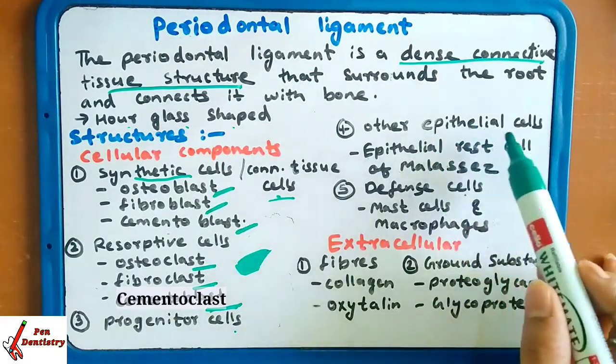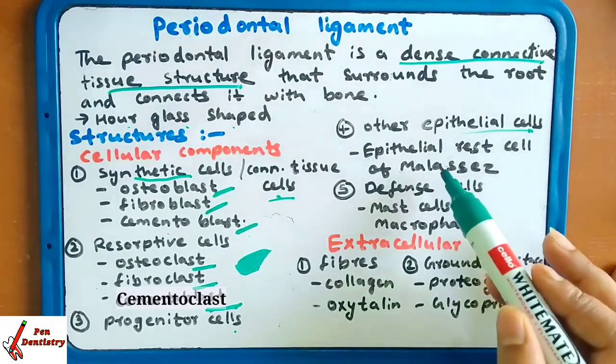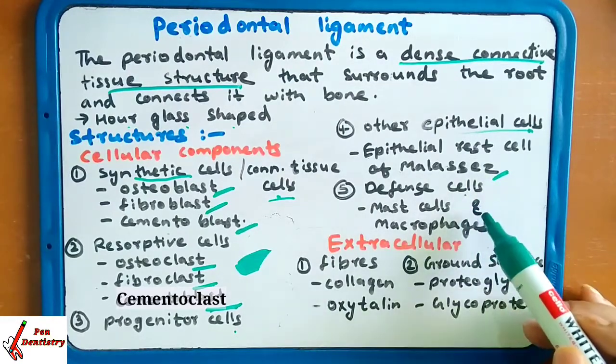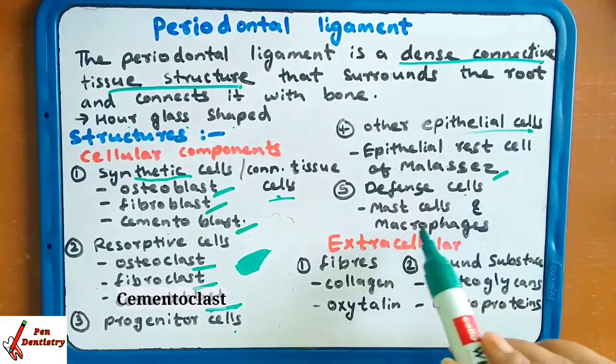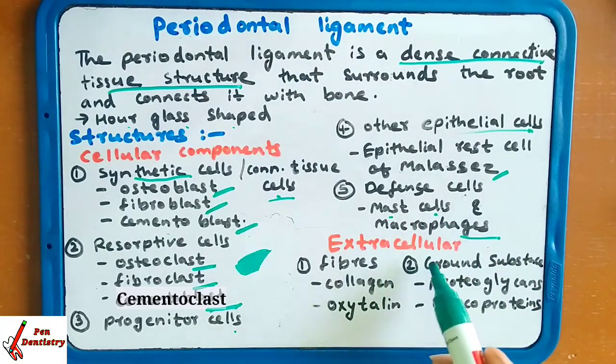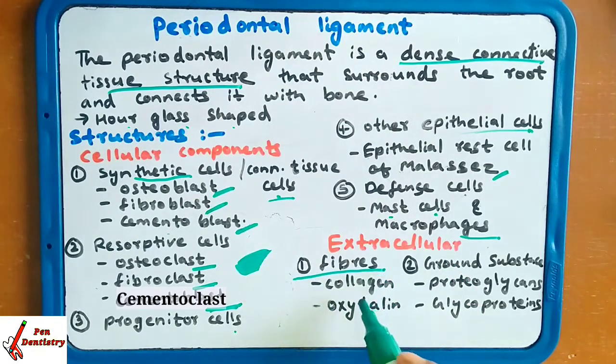Fourth is other epithelial cells. Epithelial cell rests of Malassez are also present. Defense cells are also present in the cellular components, that is mast cells and macrophages. The extracellular components of the periodontal ligament are, first one, fibers. Which types of fibers are present?